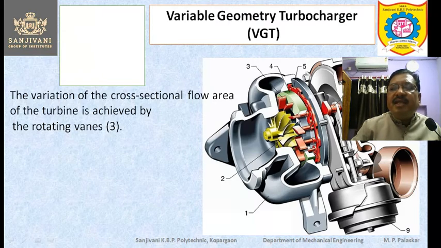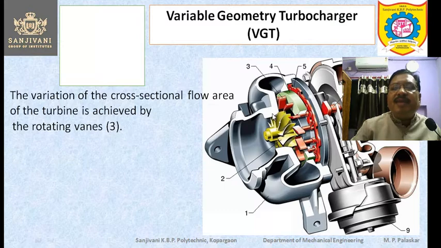The angle of this vane can be changed, and when these vanes are turned slightly, then the area which is available for the exhaust gases to move towards the turbine blades will be changed. So how to obtain this variation in the cross section, that is important.